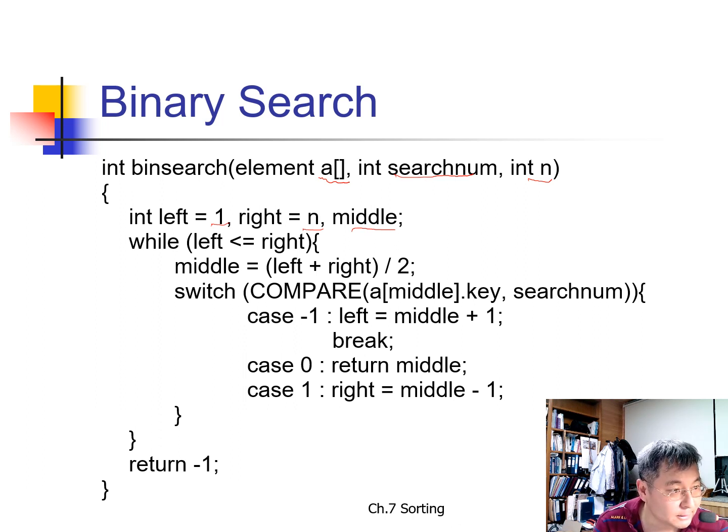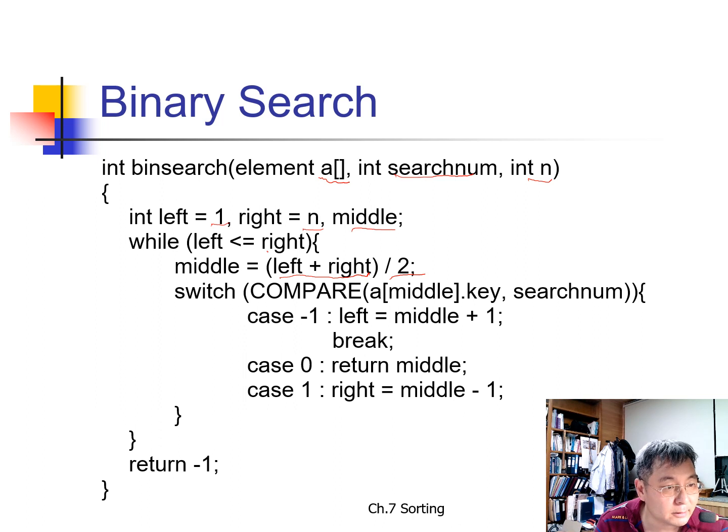While left is less than or equal to right, the middle value is the middle between left and right, divided by 2.